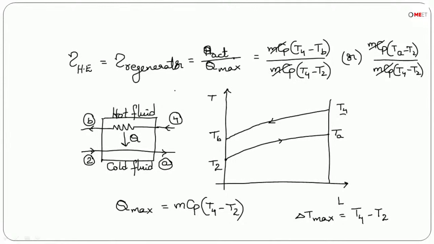So the regenerator efficiency, or efficiency of the heat exchanger, can be written as (T4 minus TB) by (T4 minus T2).